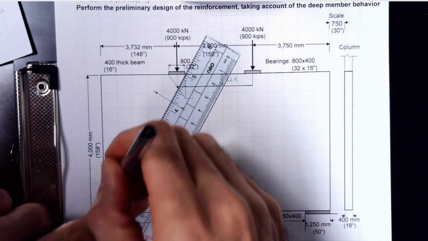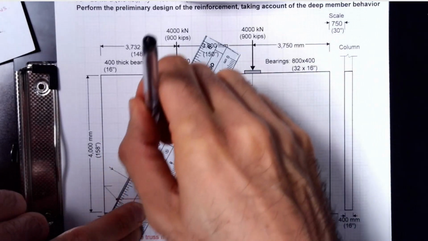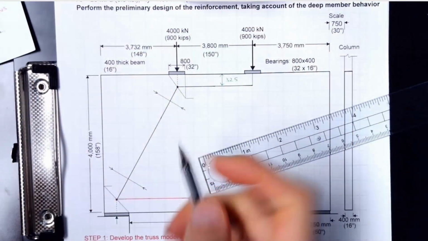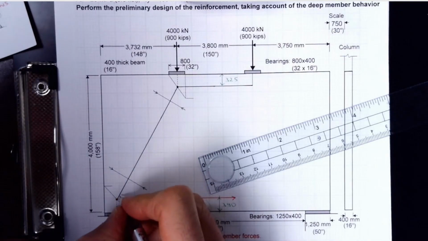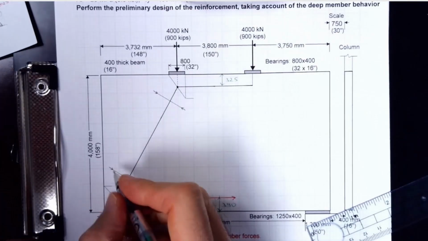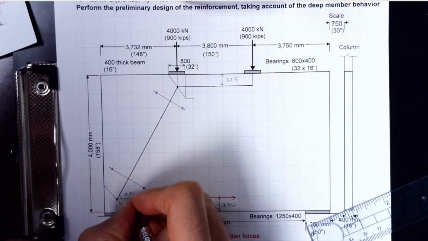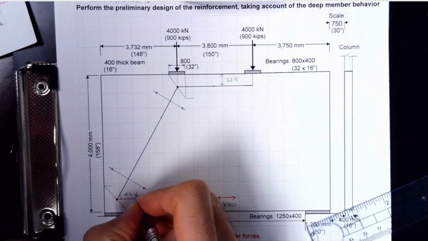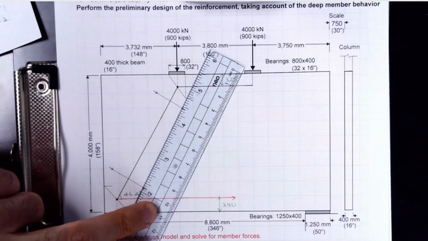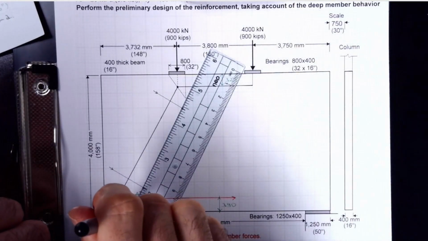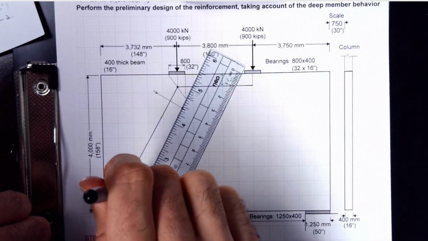It looks like the angle would be pretty good, and I'm not going to need any stirrups. If you look at the angle, these distances are important because otherwise you cannot even determine the angle. It comes out to be 46.4 degrees, which is a very good number to begin with. If you want to show the strut width, it would be these.